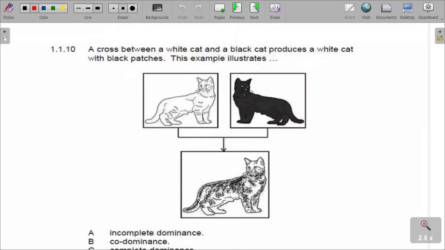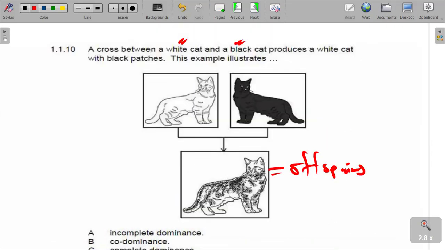A cross between a white cat and a black cat produces a white cat with black patches. It is a cross between a white and a black, and this is the offspring, a cat with some black and white patches.